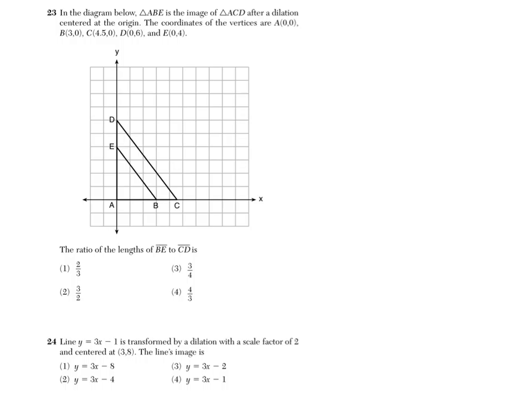Number 23. In the diagram below, triangle ABE is the image of triangle ACD after a dilation centered at the origin. The coordinates of the vertices are A(0,0), B(3,0), C(4.5,0), D(0,6), and E(0,4). The ratio of the lengths of BE to CD is, well, if we count up, we have 4 and 6, and here we have an x value of 3, and this C is at 4.5.